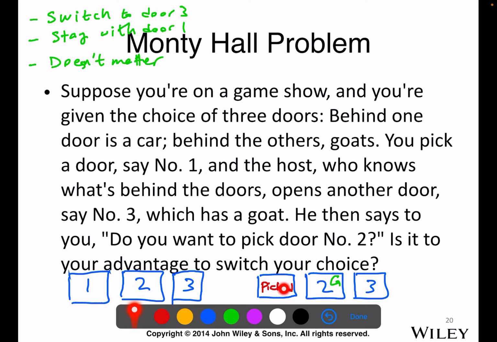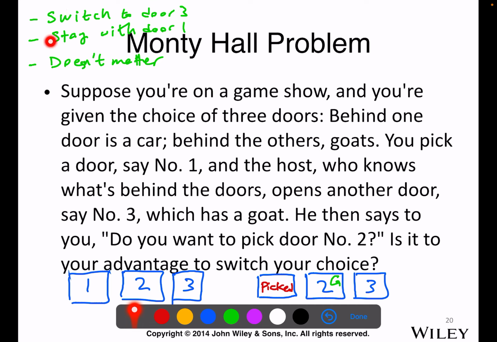Let's say you pick door 1, and then the host will reveal one of the other 2 doors that has a goat, right? So in this case, assume that door 2 had a goat. So the host will reveal that door 2 has a goat, and will give you the chance of switching to door 3 or staying with your original pick, right?